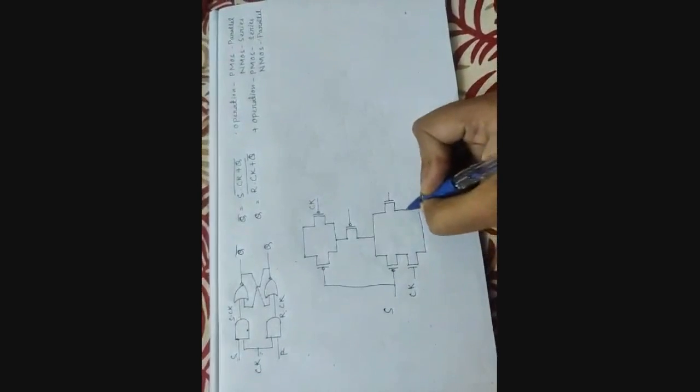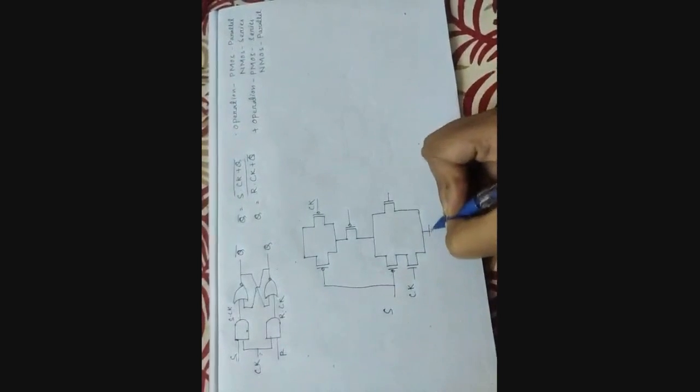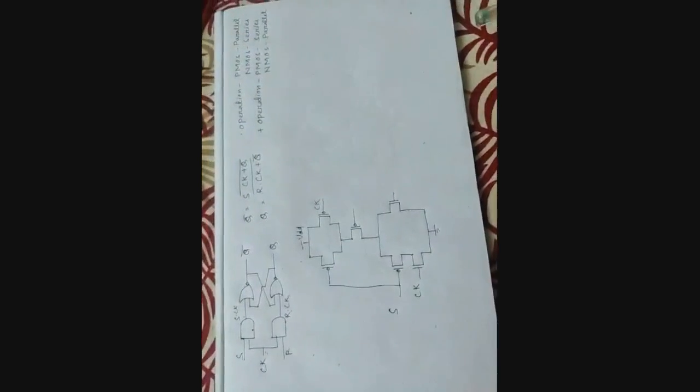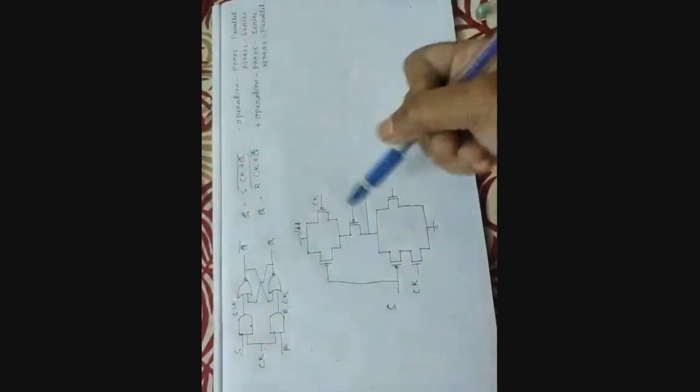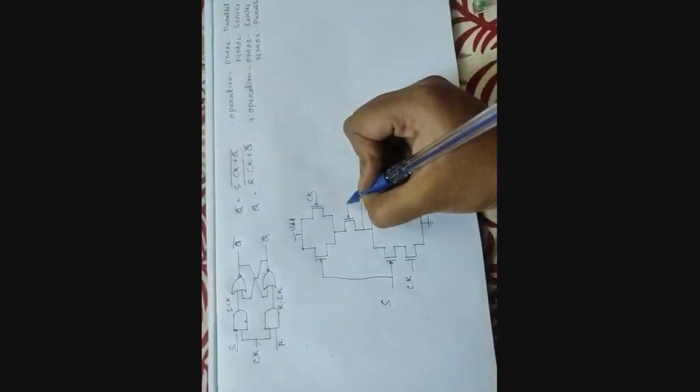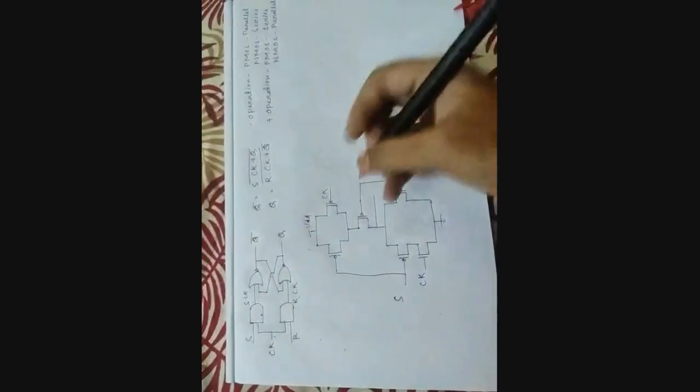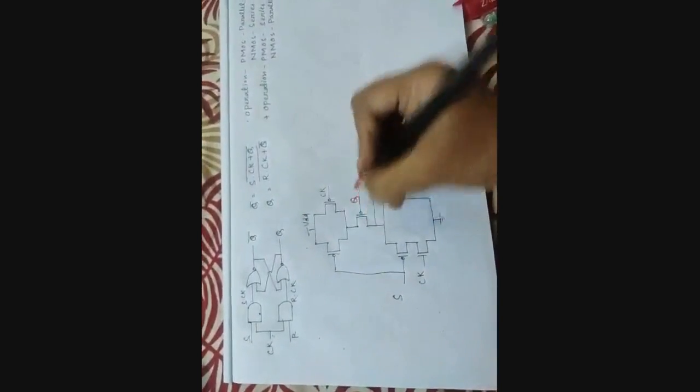So this part is over, and here is the ground, here is the VDD, and here we take the output line, and this one is Q, so we connect it. Then we draw the next equation.